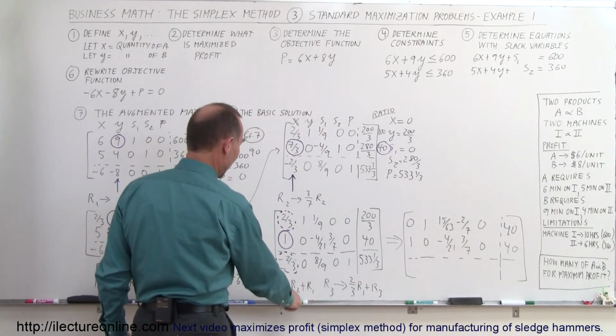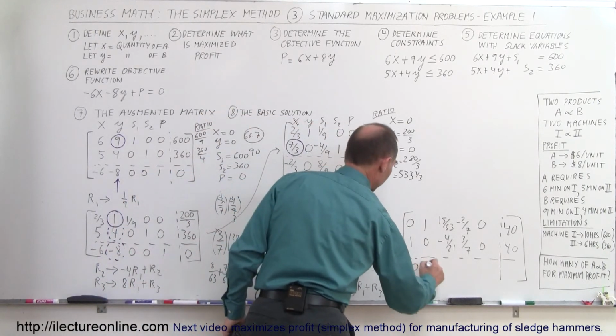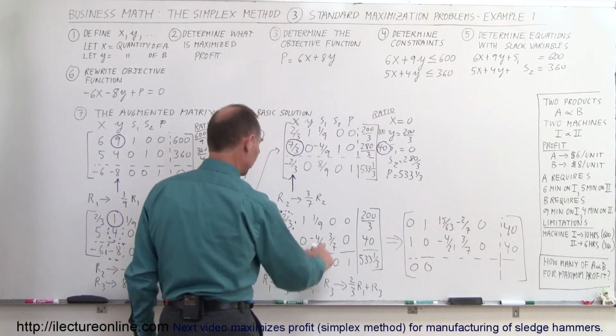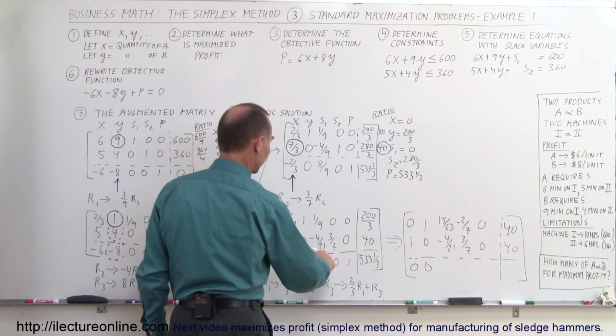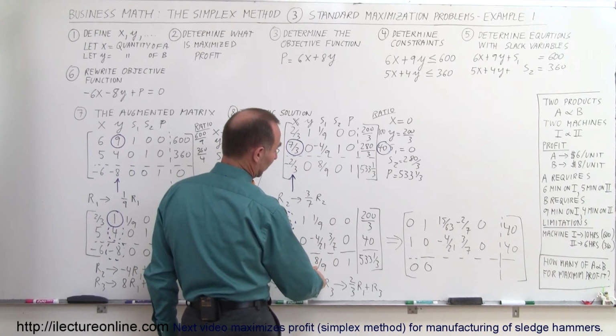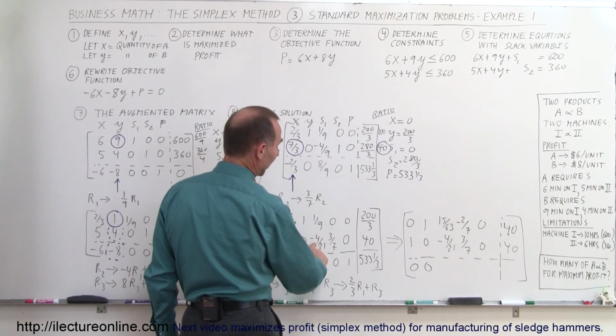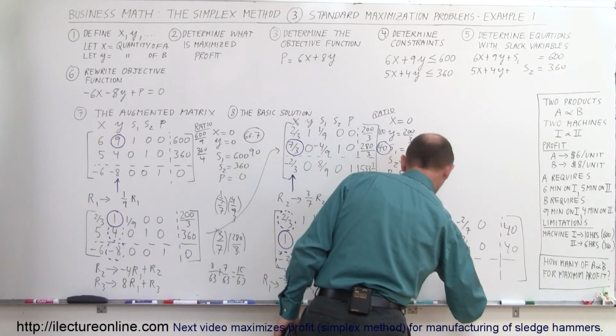Now notice when I add 2/3 times this, added to this becomes 0. This remains at 0. 2/3 times this, that would be negative 8/63 plus 56/63, that would be 48/63.